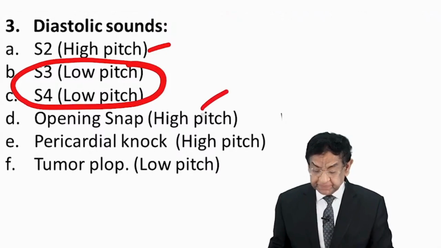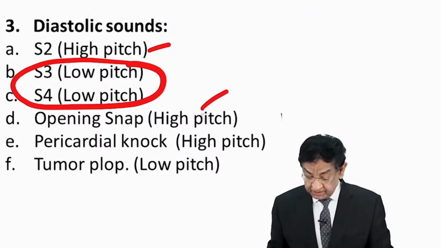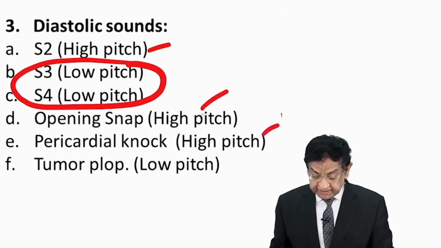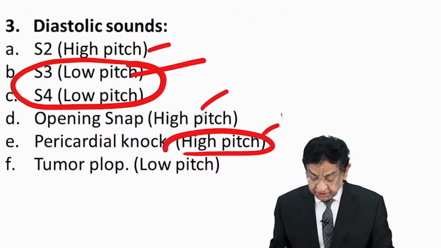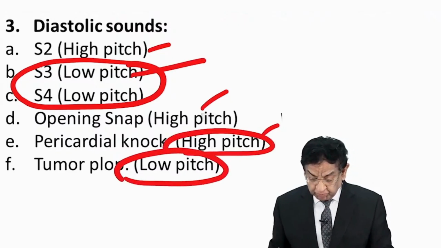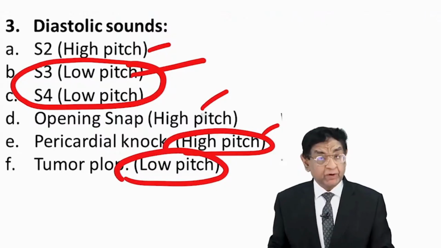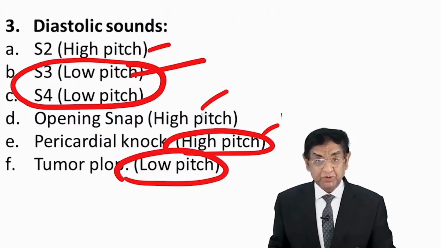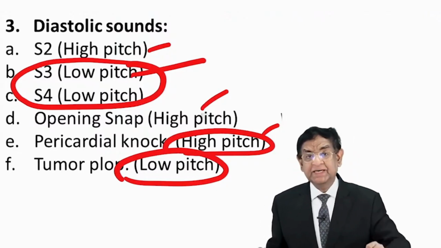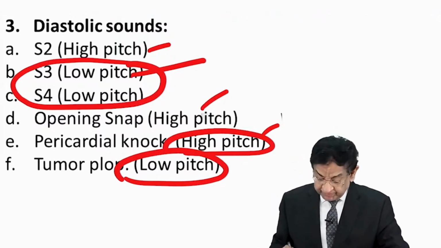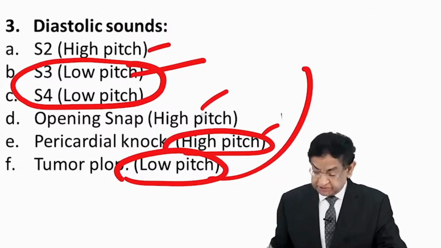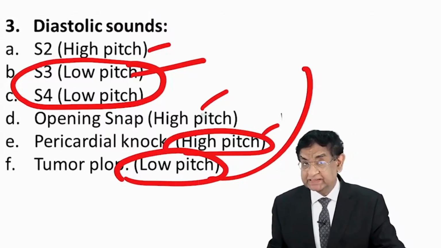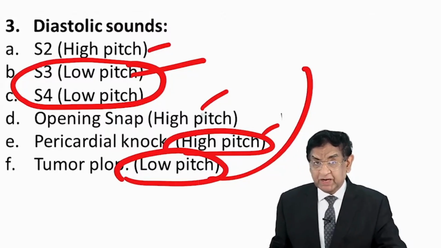Opening snap, high pitch. Pericardial knock, high pitch, and I told you pericardial knock is high pitch and S3 is low pitch. Tumor plop is low pitch, which resembles the opening snap, but its pitch is low. So if you have to differentiate tumor plop from opening snap by pitch, you will use the bell, and otherwise the diaphragm. So now you can see the importance of low pitch and high pitch.